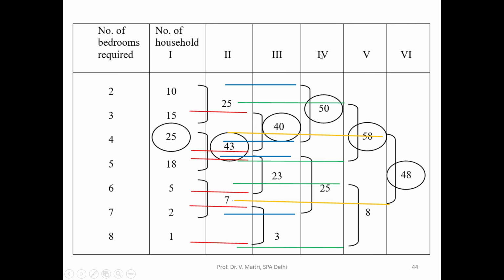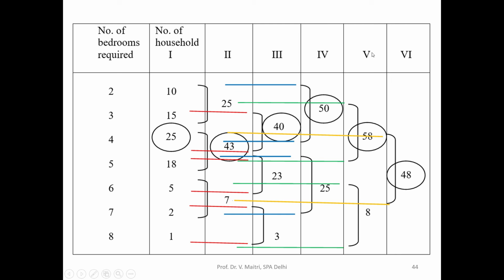In the next column, number 4, we take 3 values simultaneously. 10 plus 15 plus 25, that is 50. Next 3 values, 18 plus 5 plus 2, that is 25. The last one is left alone.